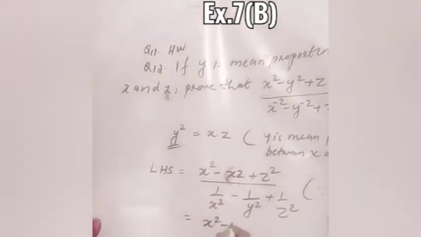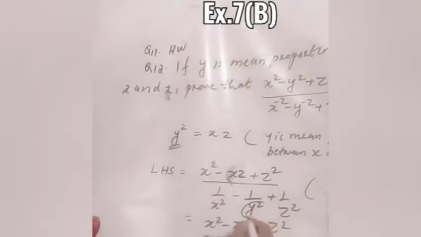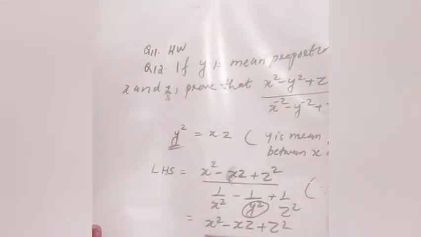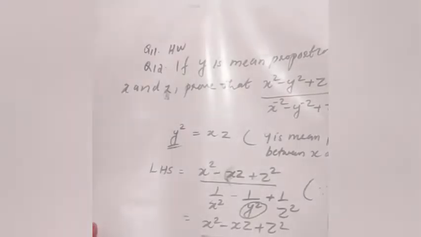Let us simplify the denominator. In the denominator also we can replace y square as xz. So 1 by x square minus 1 by xz plus 1 by z square.